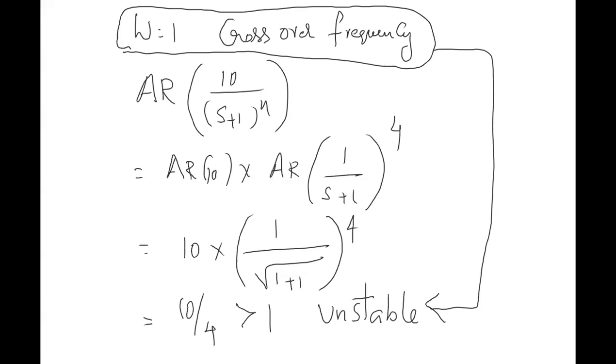How did you calculate this frequency? When the phase angle is equal to minus 180, you calculated the frequency. That frequency is equal to 1. At that frequency you calculated the amplitude ratio. See, it is greater than 1, so the system is unstable.